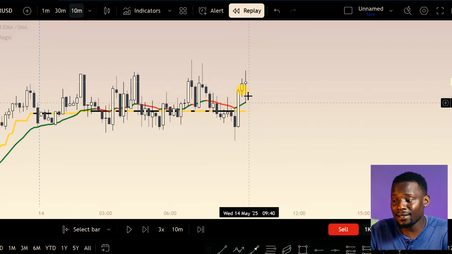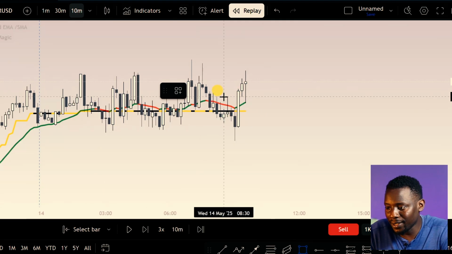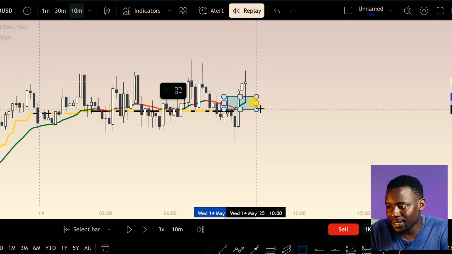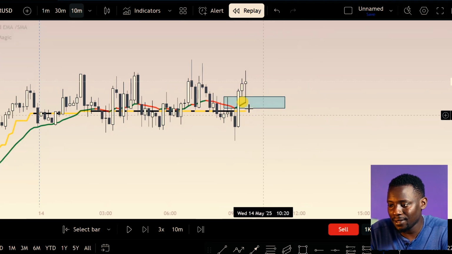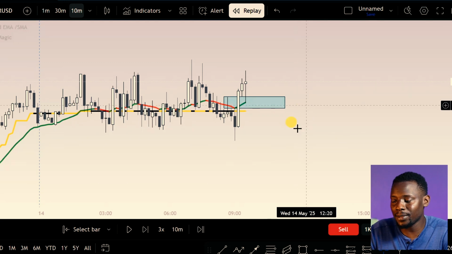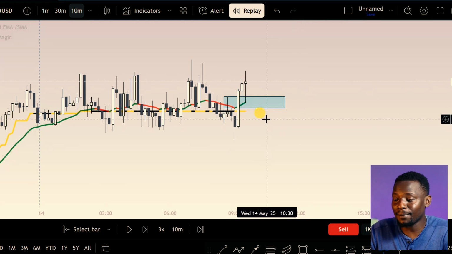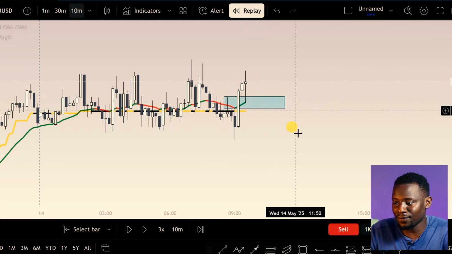And I like this crossing to have some kind of fair value gap. And this is the fair value gap that price has left us. So you can see that. Some traders like to enter in this fair value gap.